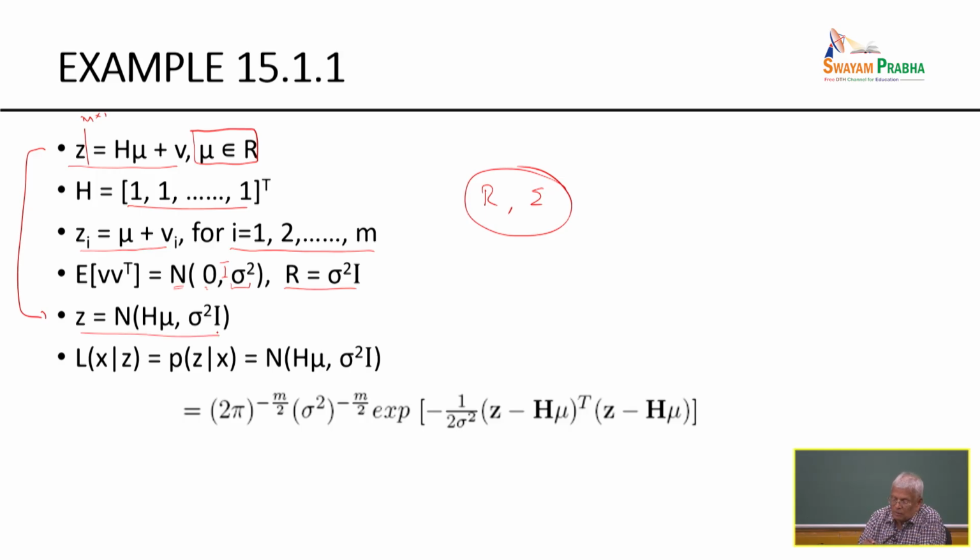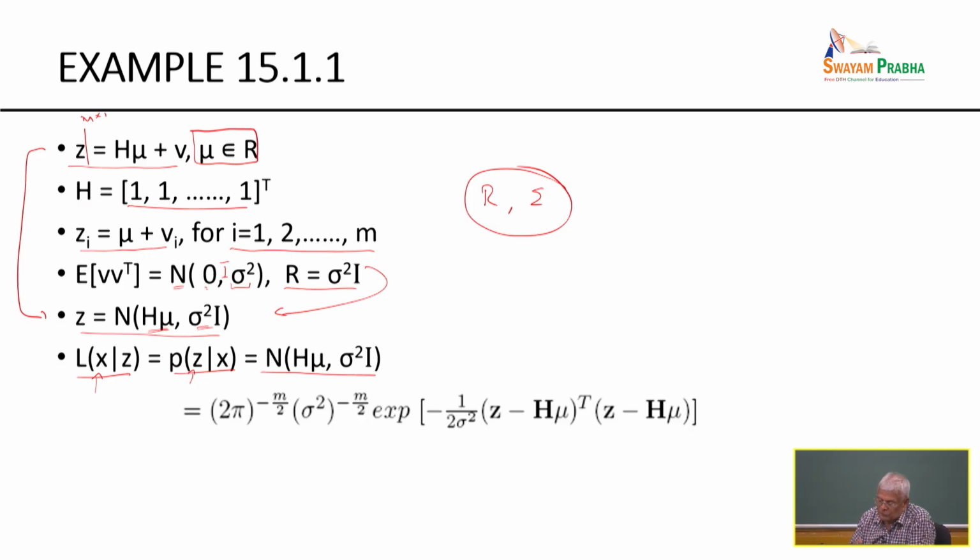So Z is a normal random variable with H mu as the mean and covariance matrix sigma square I, which comes again from here. Therefore, L of x given Z, this is the likelihood, is equal to the probability p_Z of x, which is normal with mean H mu and covariance sigma square I.